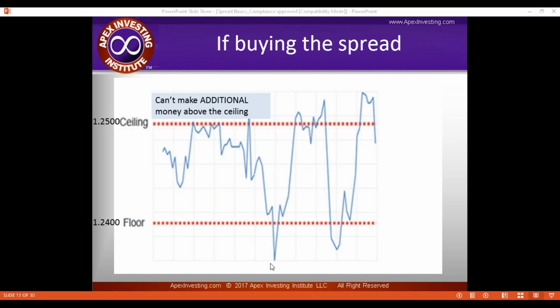So it goes down against me, but then what does it do? It comes back up, and it comes back up, and then what does it do? It goes all the way up here. Boom. I got all the way to max profit, right? So do you see how that's very beneficial? That it doesn't automatically just close you out because it hits a top or bottom.